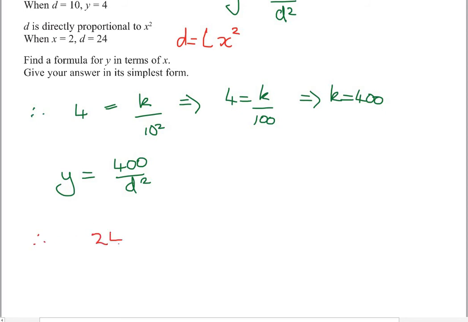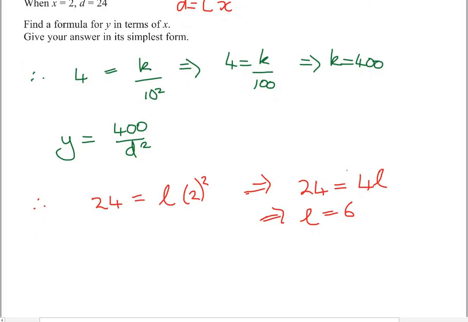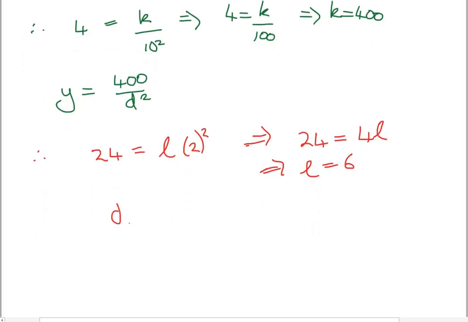So 24 equals L times x squared, and so 24 equals 4L. Therefore L equals 6. 24 divided by 4 is 6. So now we can write d equals 6x squared.